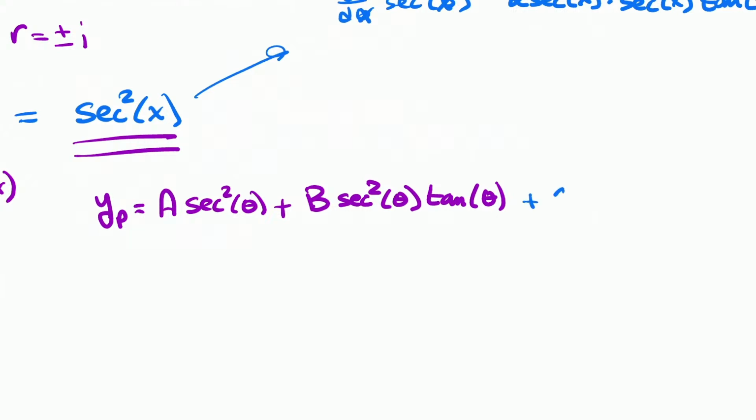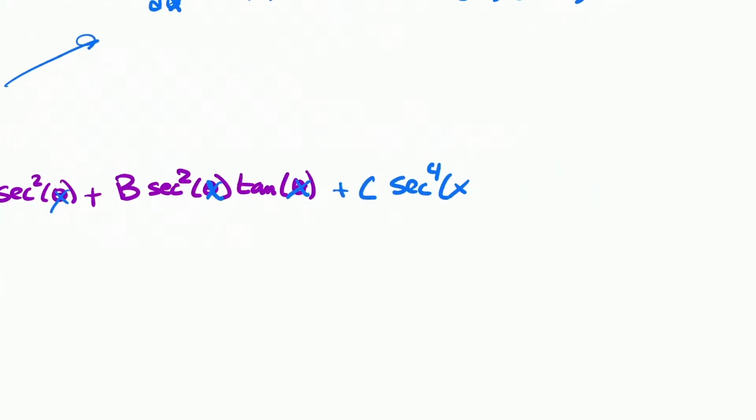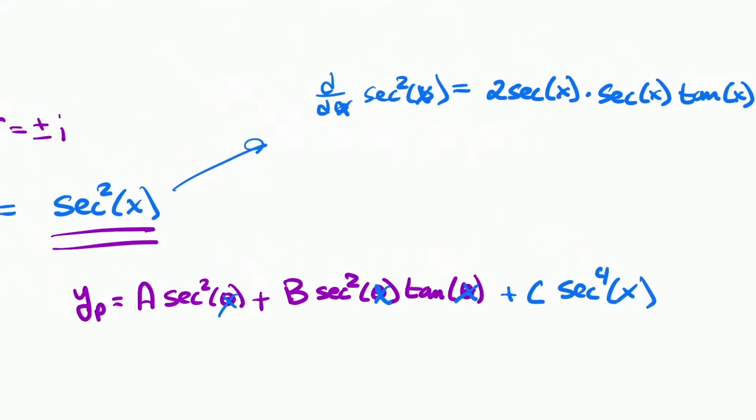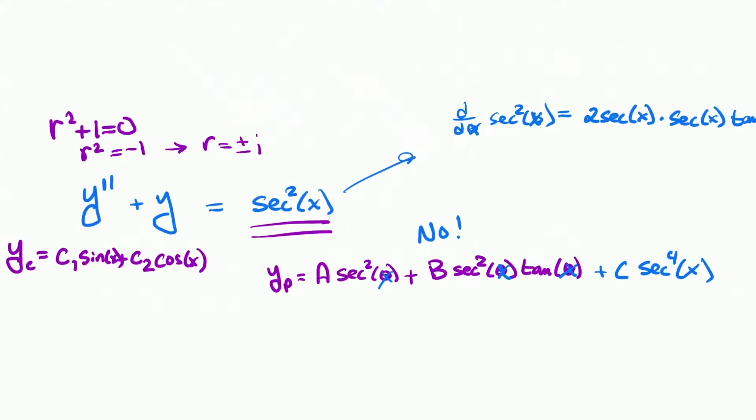You're going to have something like secant to the fourth, and then probably also a secant cubed tangent and who knows what else. It just gets worse and worse as you go along. So this is no good. No, I refuse. So there must be a better way, and that's what today's all about, coming up with a better way of solving differential equations like this.